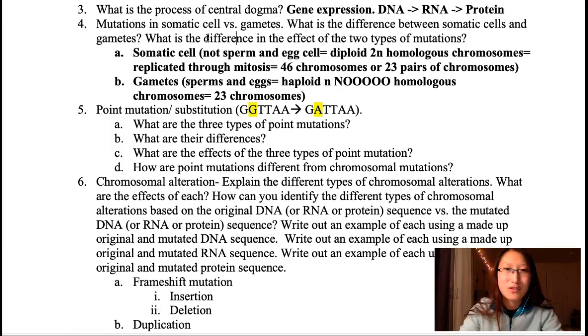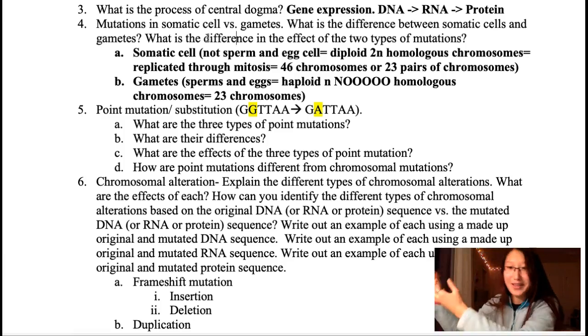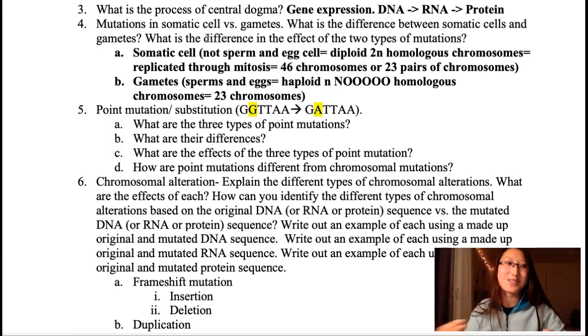It's impossible, at least naturally, to use your skin cell and get another child, like a copy of Miss Bai. That would be very freaky. So that's the point: if there is a mutation in the somatic cell, it's only going to affect your somatic cell. It's not going to affect the offspring.